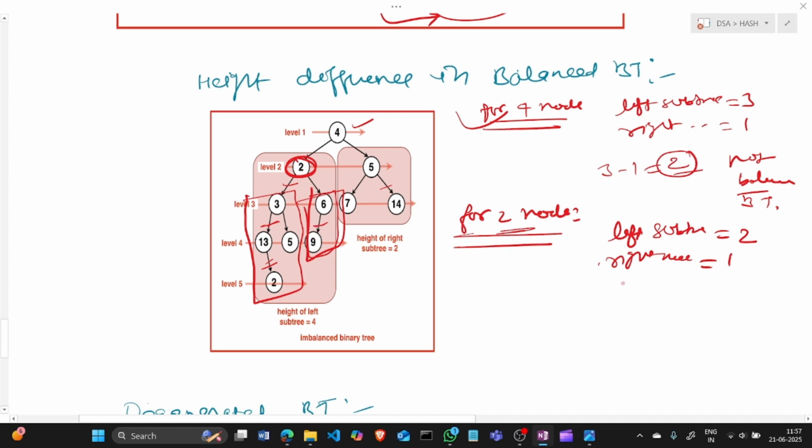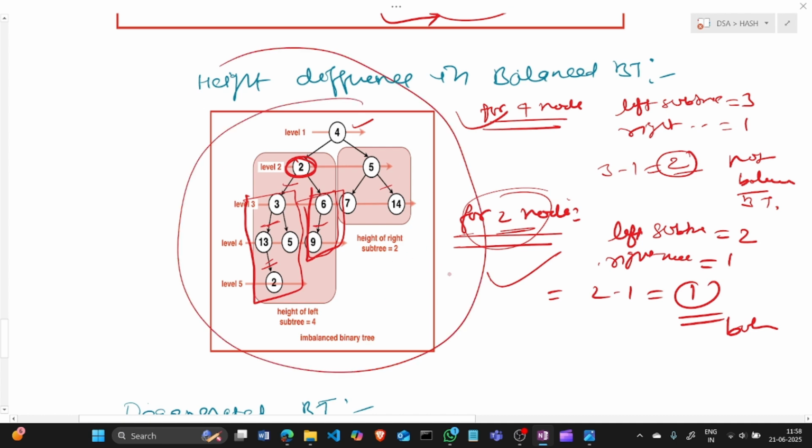So the difference is 2 minus 1, which is 1, so it is balanced. If node 2 is the root node, it is balanced, but for node 4 it is not balanced. So overall, it is an unbalanced tree.